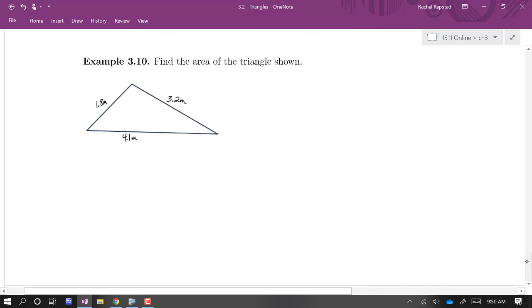We'll do one more here. We want to find the area of this triangle. Now we don't know the height, so we have to use Heron's formula, but that's no big deal. It's a little bit more work, but it's pretty straightforward. So first I'm going to just find S. So that's 1/2 A plus B plus C, and maybe I'll call this one A. I'm just going to label these sides.